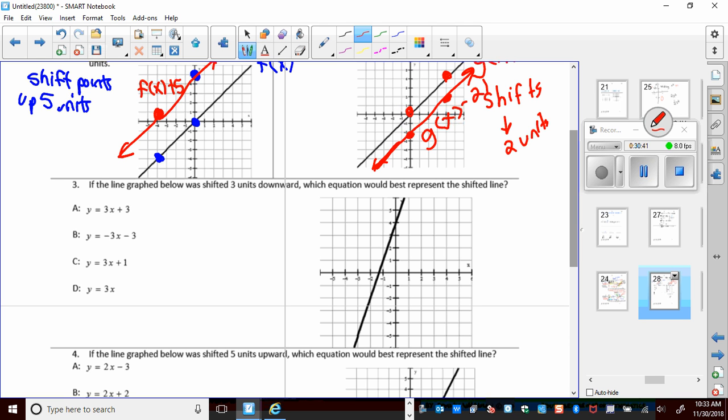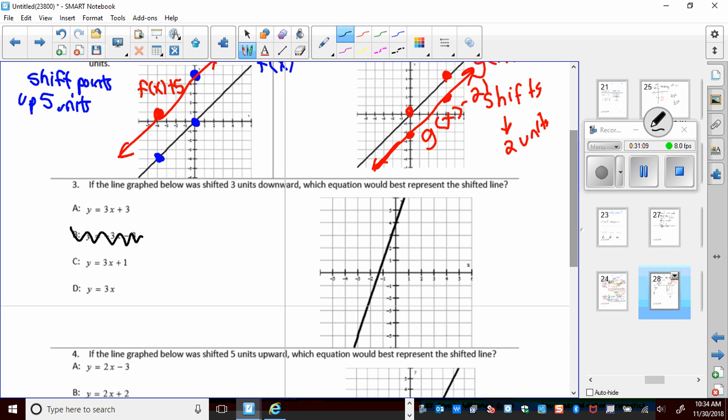Now, is this slope going to be positive or negative? Positive. So we're going to eliminate some things. That new line is not going to be y equals negative 3x. This is a negative slope. Eliminate some things. This line is positive. My new slope is going to be positive as well.